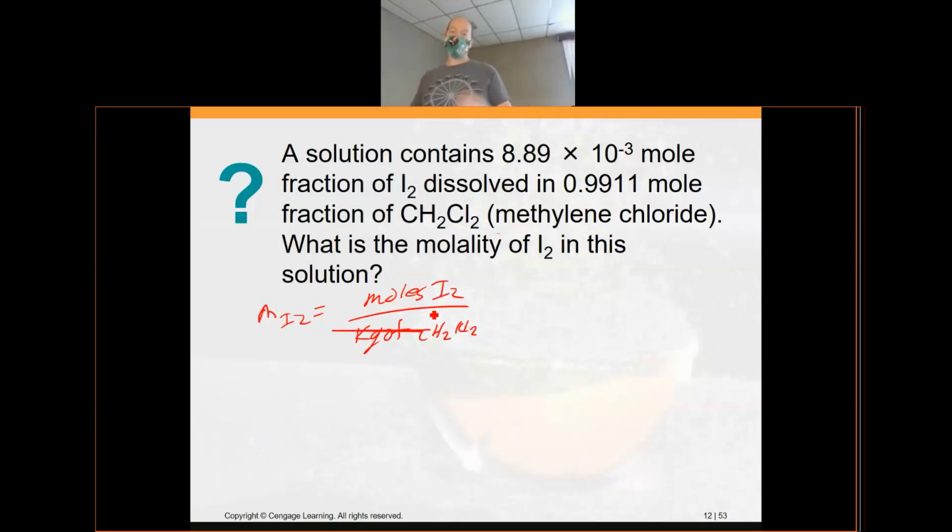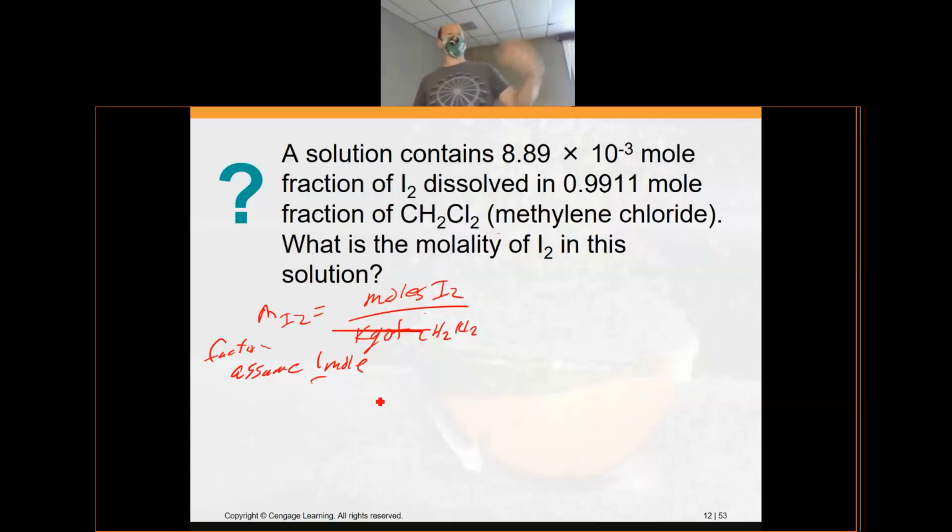When you have a percent, you assume 100 grams or 100 mils, depending on if it's percent by mass or percent by volume. If you have a fraction, you will assume that you have 1 mole. I always assume 1 because I know they're going to add up to 1.